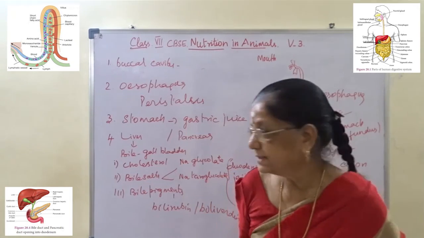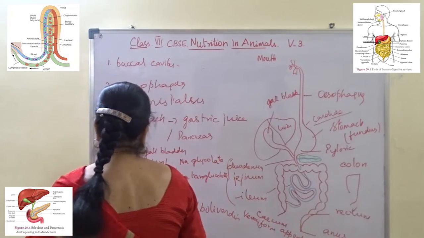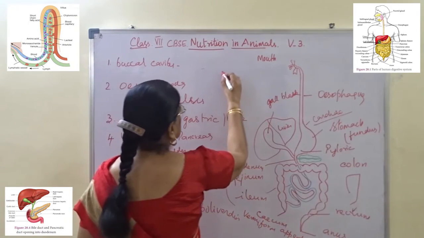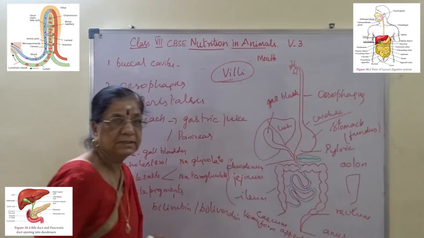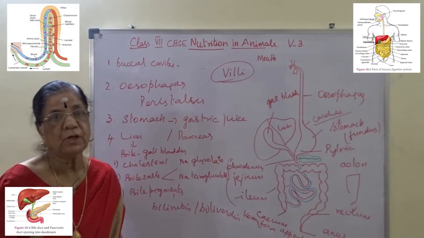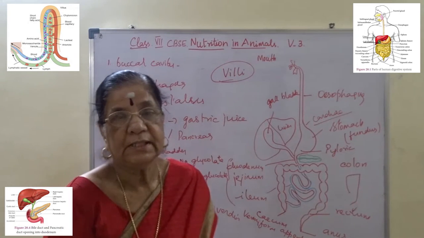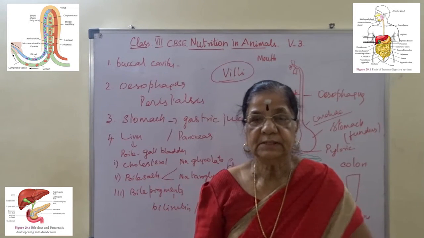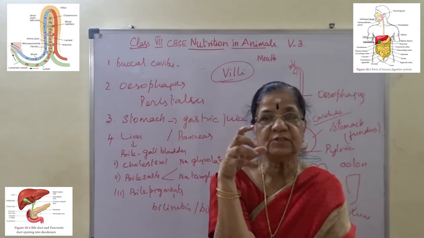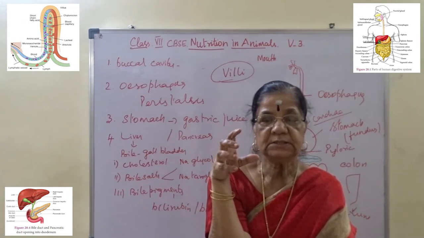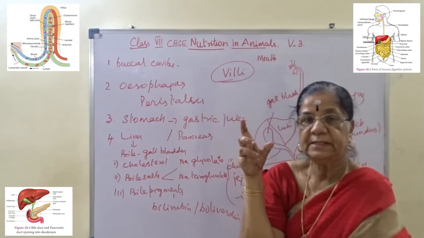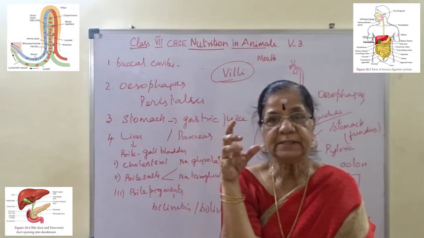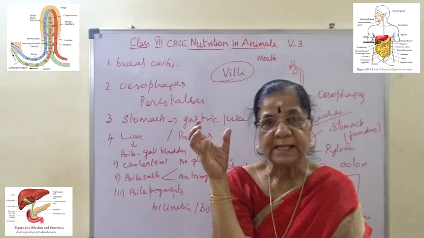And the small intestine is further formed of a structure called villi, which increases the surface area for absorption. So the digested food is absorbed by the large absorbing surface area called villi. They are nothing but blood capillaries and lacteal.